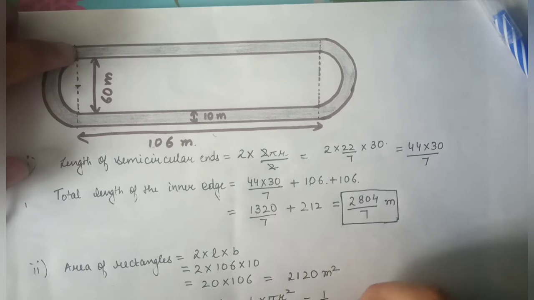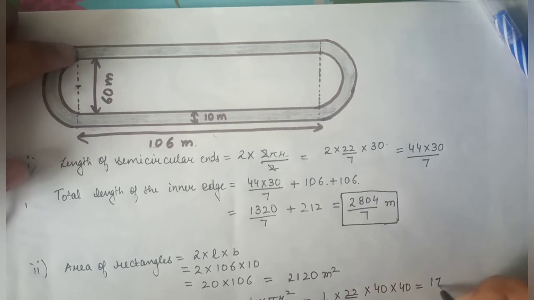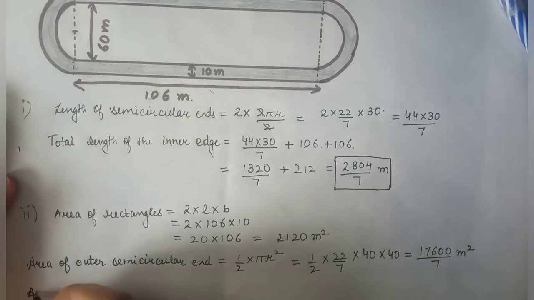So it is 1 by 2 into 22 by 7 into 40 into 40, that is 17,600 upon 7 meter square. Okay, now find out the area of the inner semicircle.